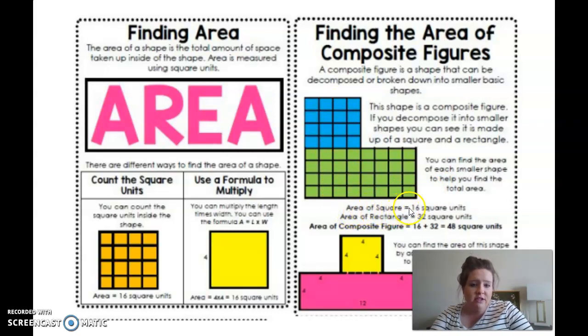The area of the square equals 16 square units. 1, 2, 3, 4, 5, 6, 7, 8, 9, 10, 11, 12, 13, 14, 15, 16. Okay?